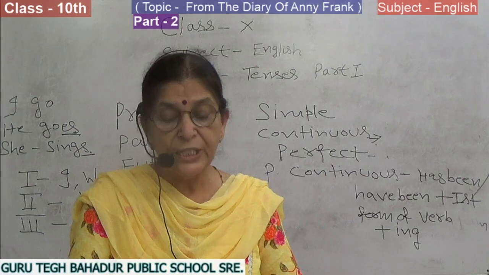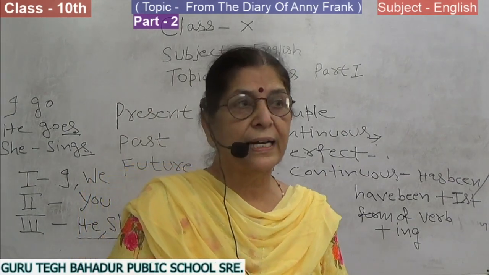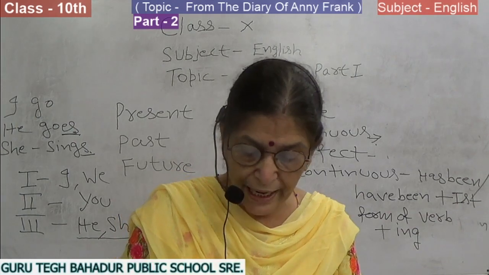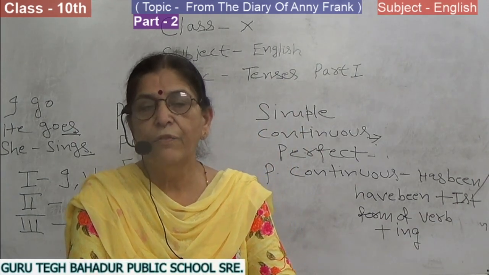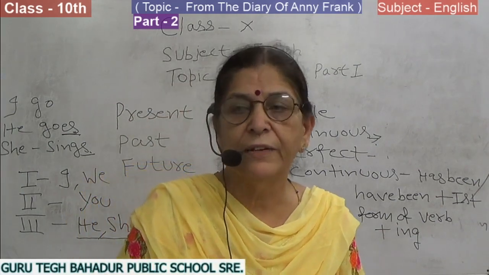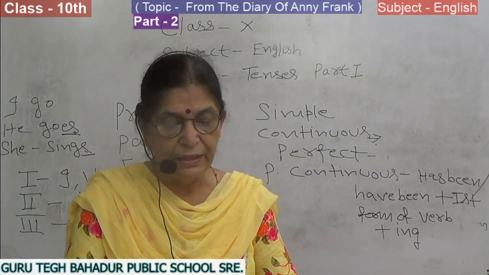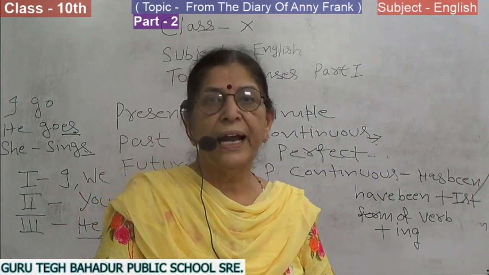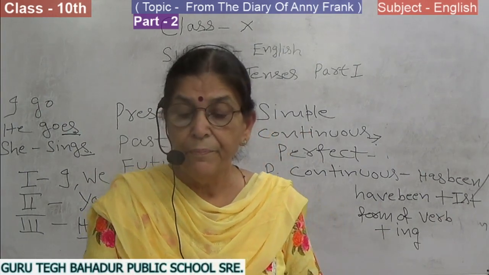Example, since Tuesday. He is attending the classes since Tuesday. For example, since 1947, we have been working for the development of the nation. So keep in mind that for and since, these two are the time markers.